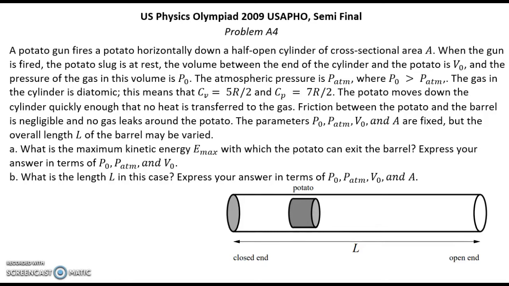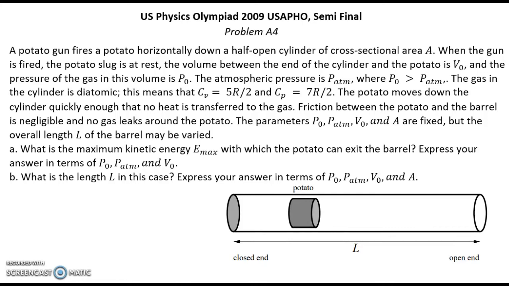Solution. For maximum kinetic energy, you can find that in the end, when this potato reaches the end of this pipe, the internal pressure must be equal to the outside atmosphere pressure. Now we can write the equation for an adiabatic process, because when heat is not transferred, it means that the process is adiabatic, and all the work done by the gas comes from the internal energy of this gas.